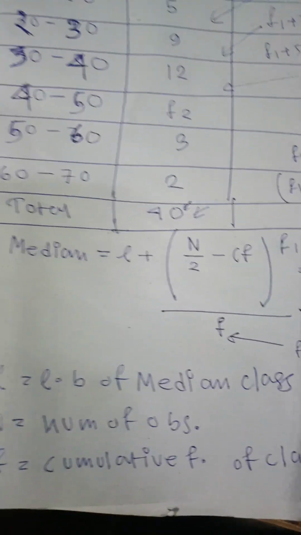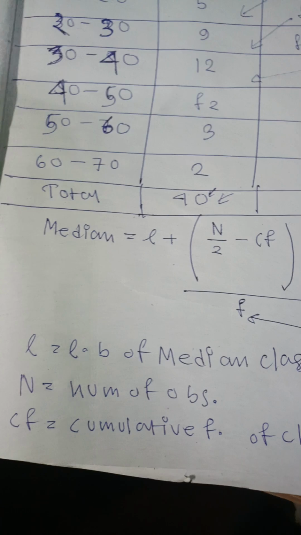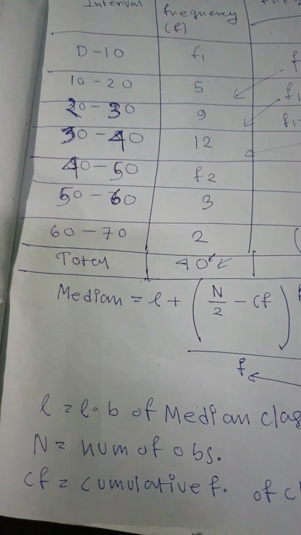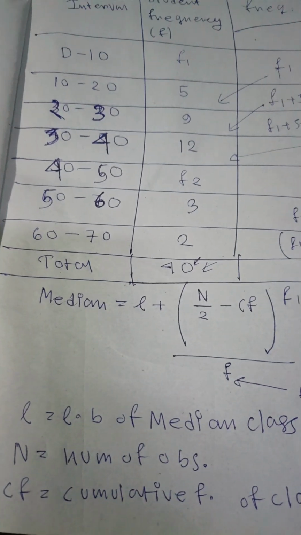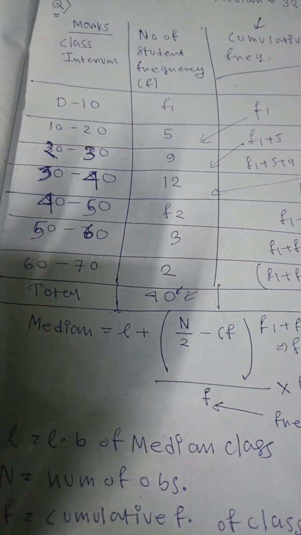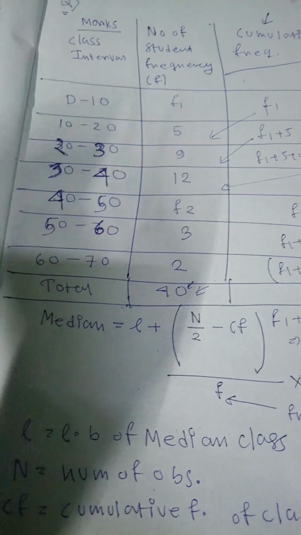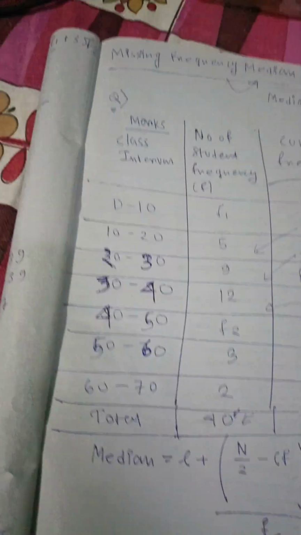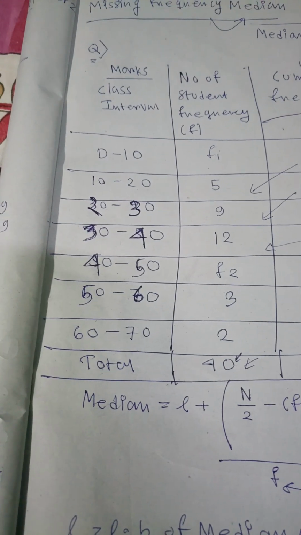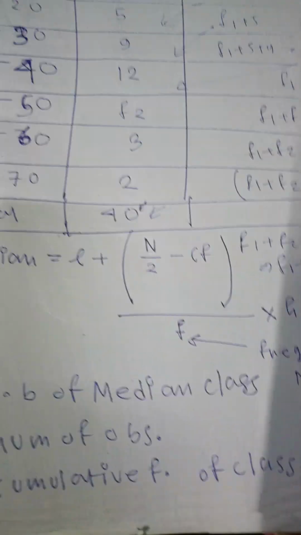So here we are finding it from the median. We have also seen how to find it when singular data is given, when there is only one part of data. And here the data is given as ranges or intervals, so here is the formula to use.